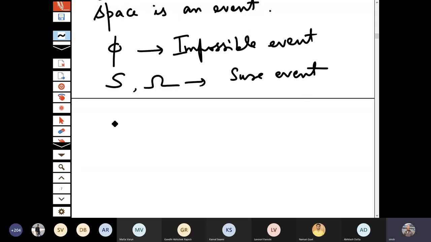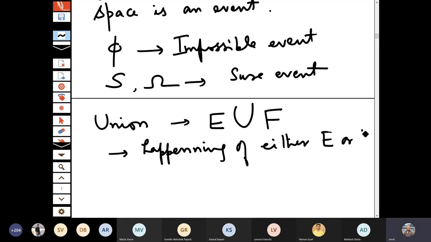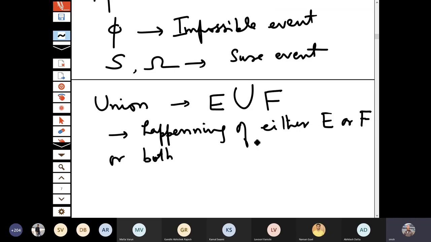Then you have the concept of union. We know that if E is an event and F is an event, these are sets. So E union F denotes a set. This means happening of either E or F or both. Now we can extend this concept.